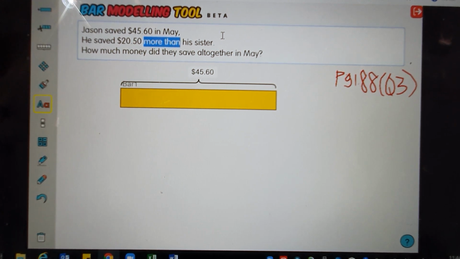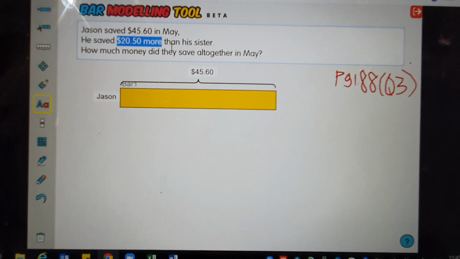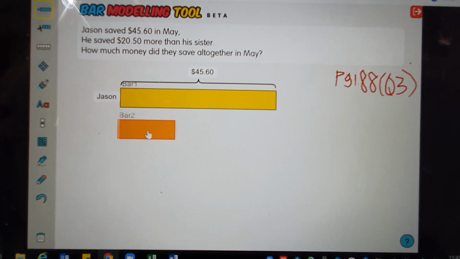Good. You should be able to tell me that you're going to draw a comparison model. Now we need to label this model as Jason's model. If Jason saved $20.50 more, will Jason have the longer bar or the sister? You should be able to tell me that Jason will be the one with the longer bar.